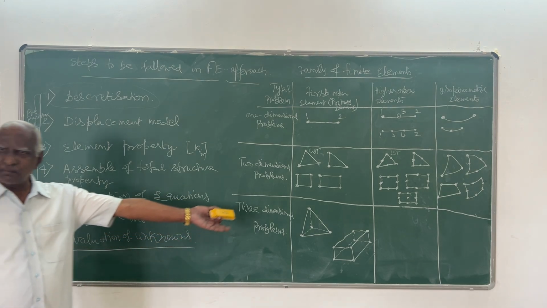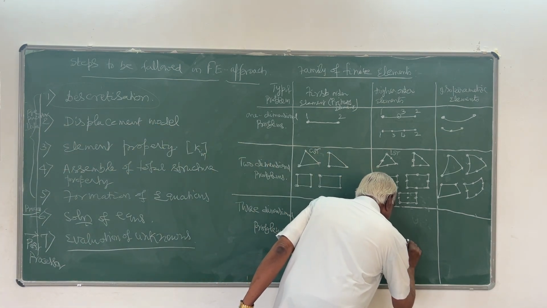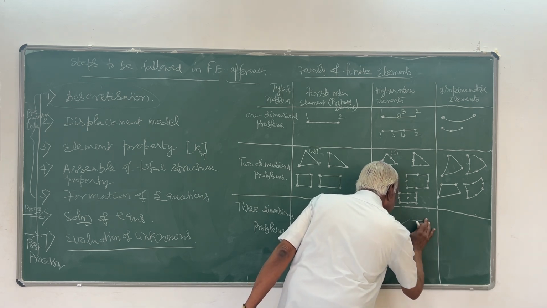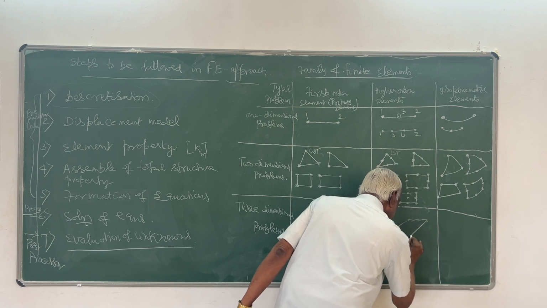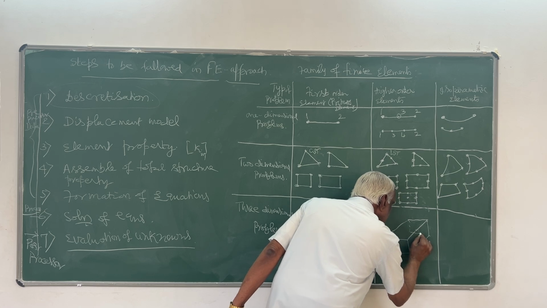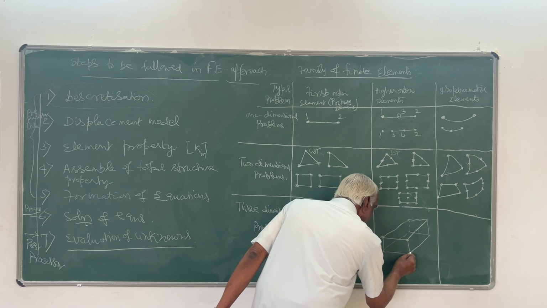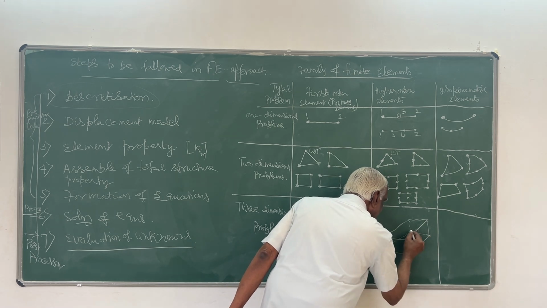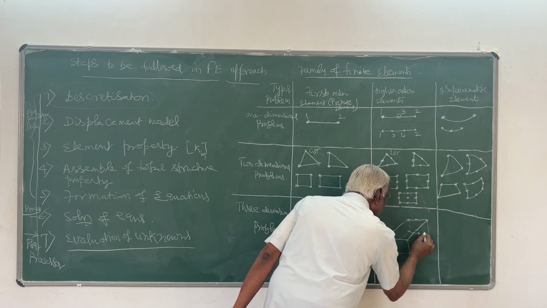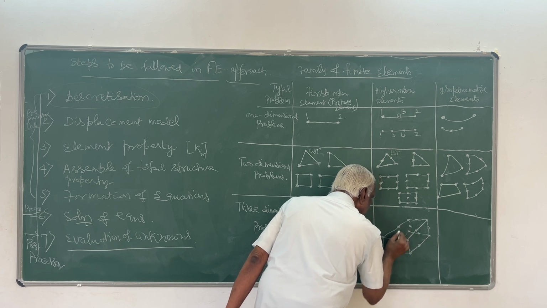For higher order, similarly, you will have more number of nodes. It may be a 20-noded brick element. So 8 nodes at the regular corners, and then one in the middle of each member.